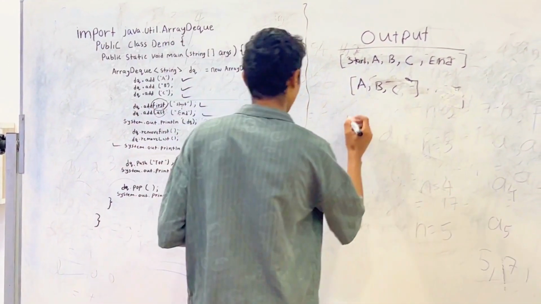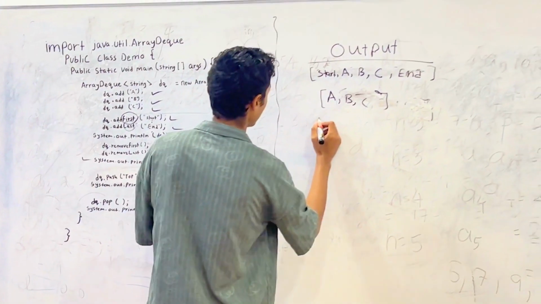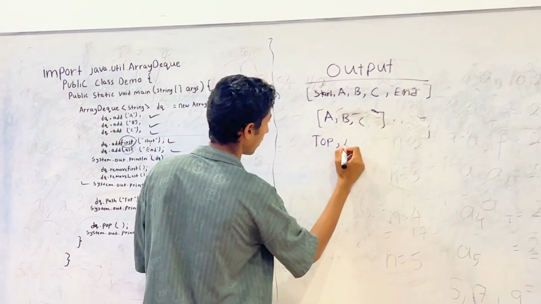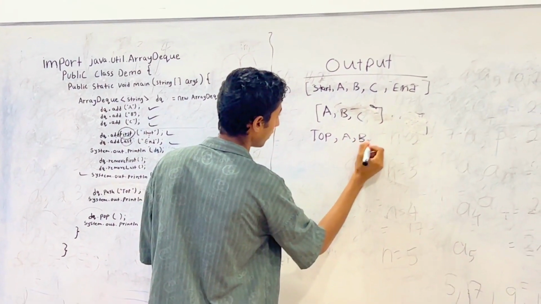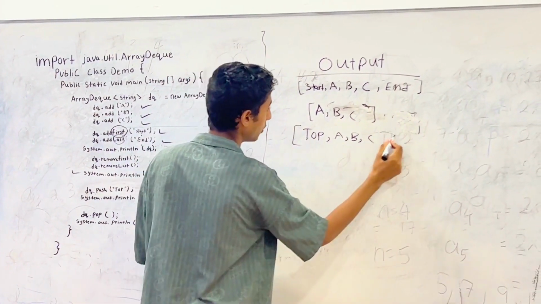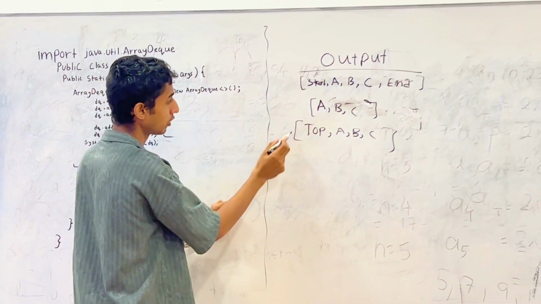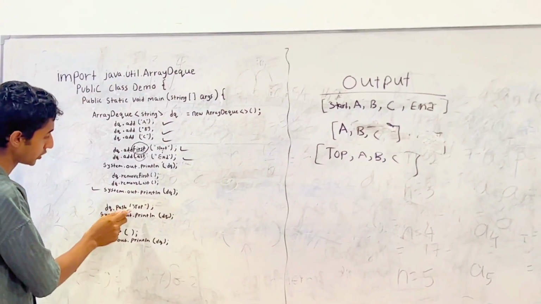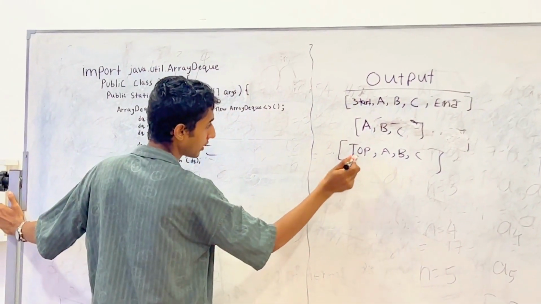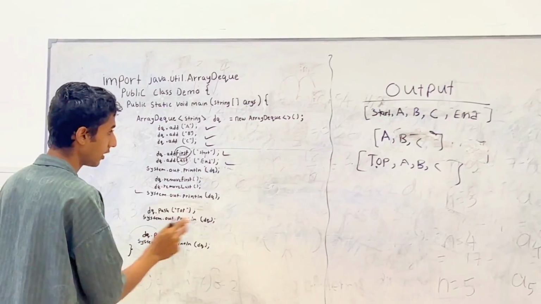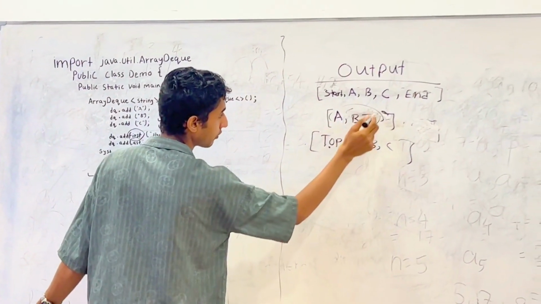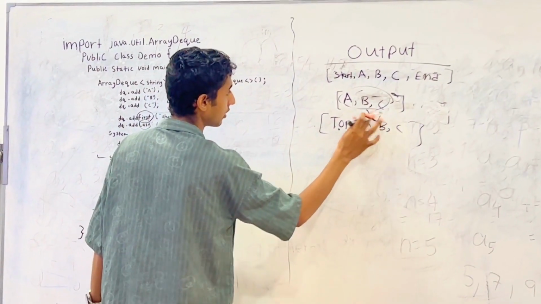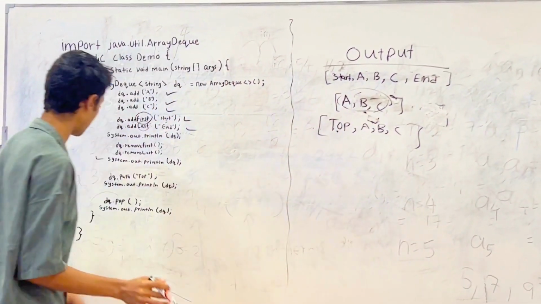Simply it says that we have to push top, A, B and C. So from this output to this output, as this code requested dq.push top, this top element will be coming here, and the remaining elements ABC will be coming here. That's what it is about here.